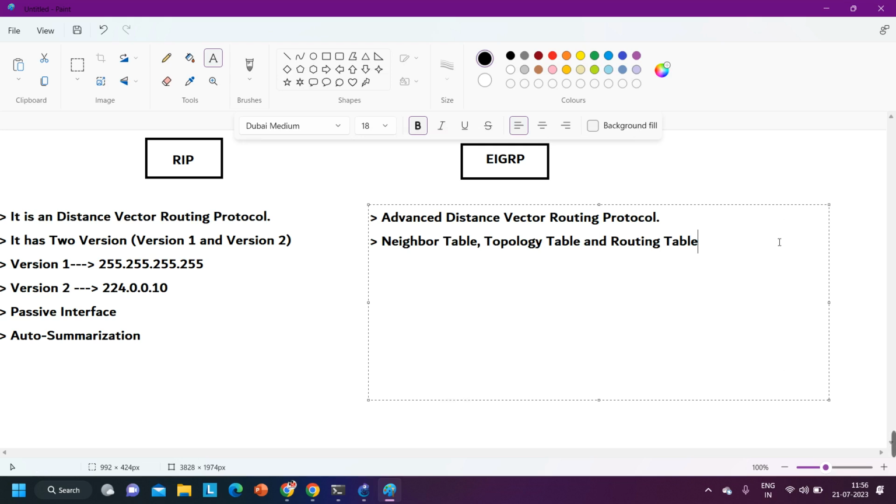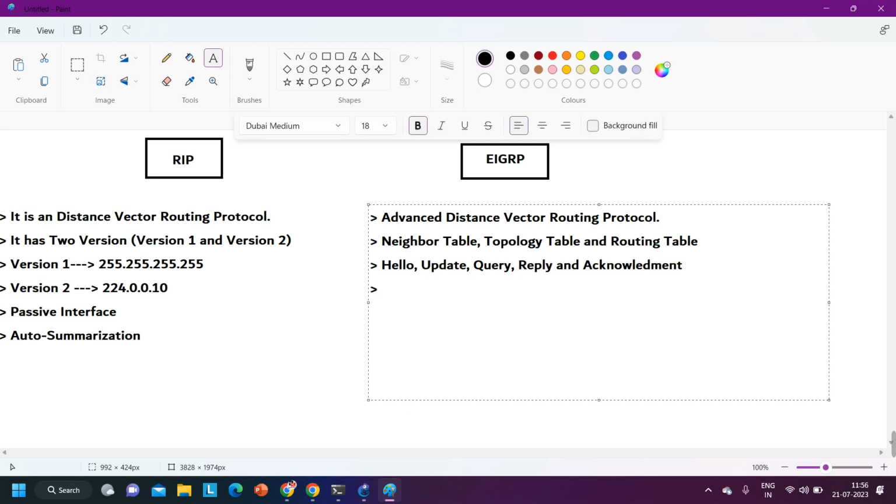How many types of messages are there in EIGRP? 5. Hello message, then update message, then query message, then reply message, and last is acknowledgement message. So we have these 5 types of messages in EIGRP.